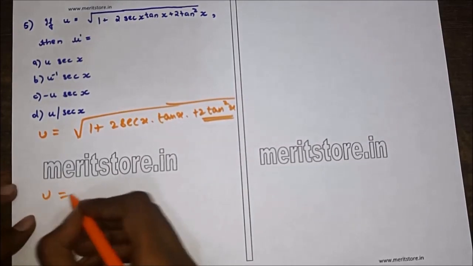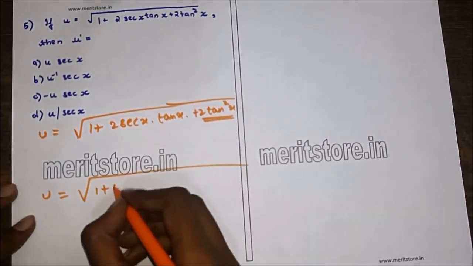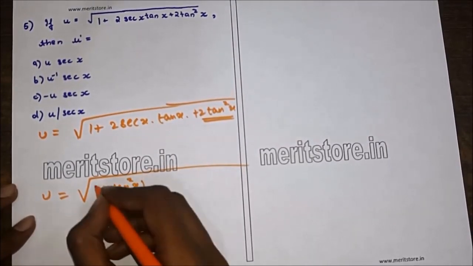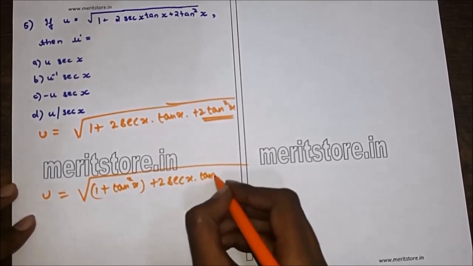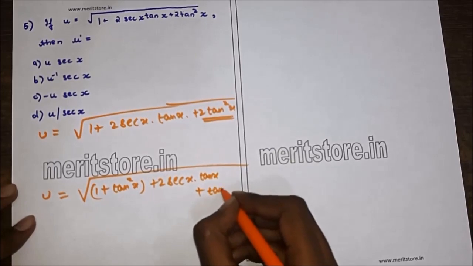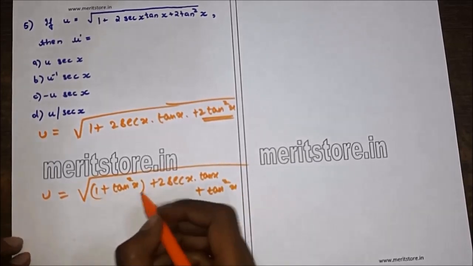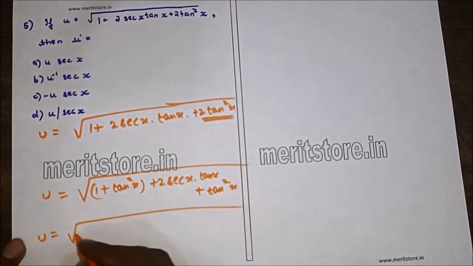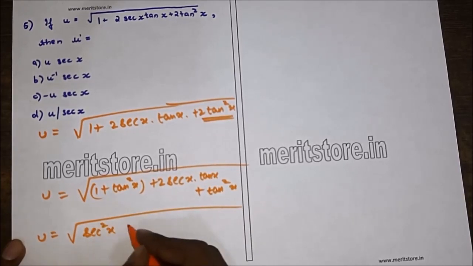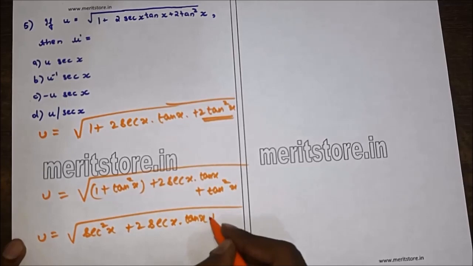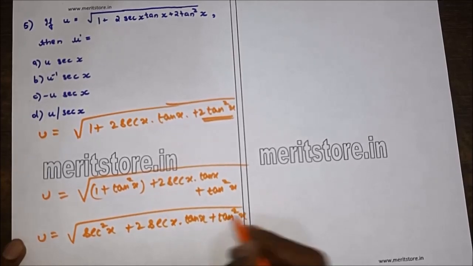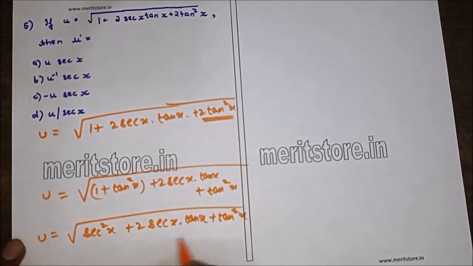We can rewrite this as root of 1 plus tan square x plus 2 sec x tan x plus tan square x. Now 1 plus tan square x is sec square x. So this is root of sec square x plus 2 sec x tan x plus tan square x. So this is the formula for a plus b the whole square, that is sec x plus tan x the whole square.